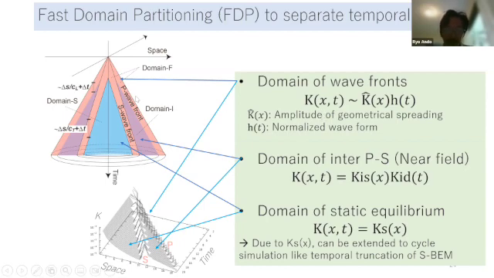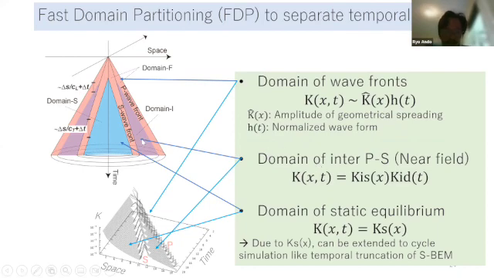For the wavefront domain, we need to approximate the kernel with an amplitude term describing the geometrical spreading, and a normalized waveform term simply depending on time. But this decomposition needs approximation.